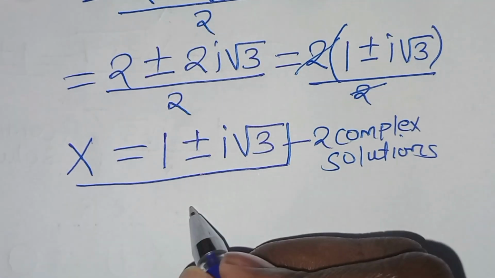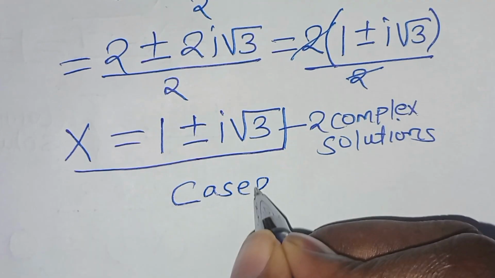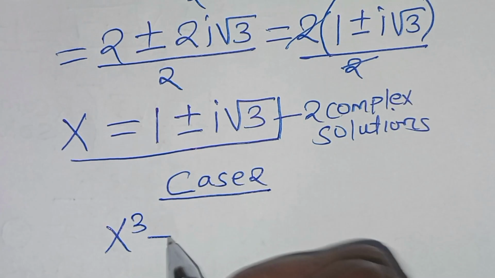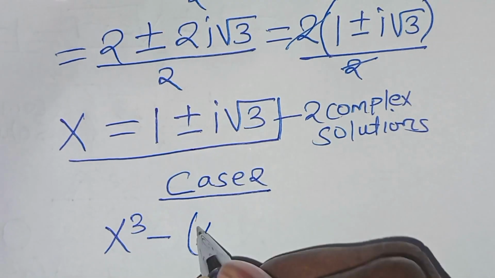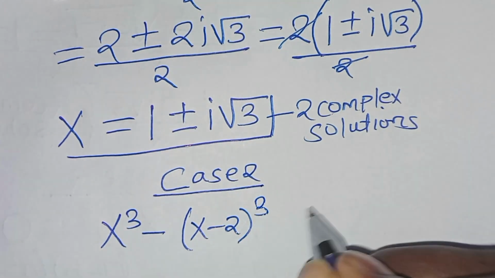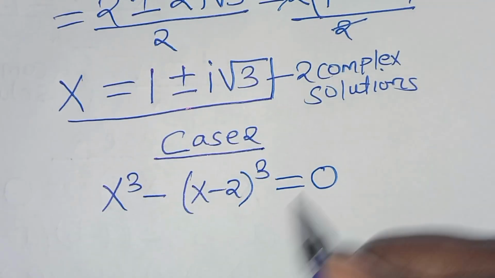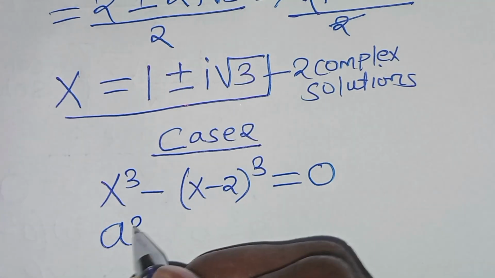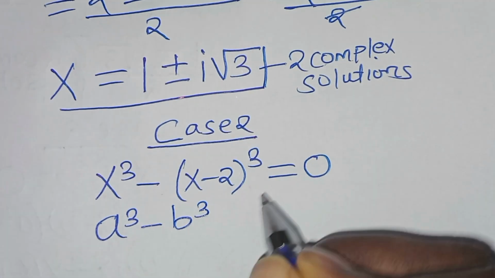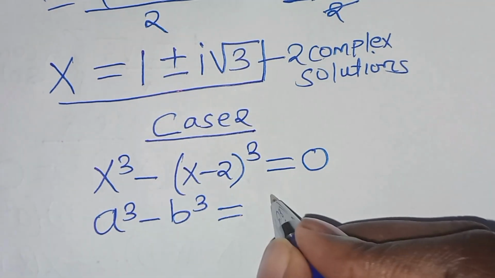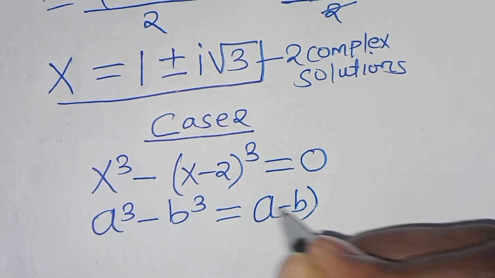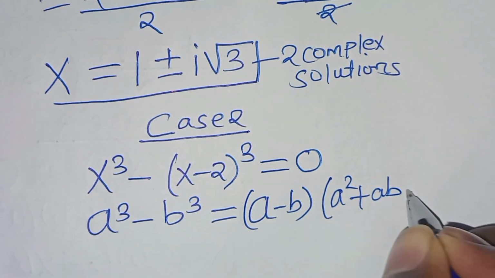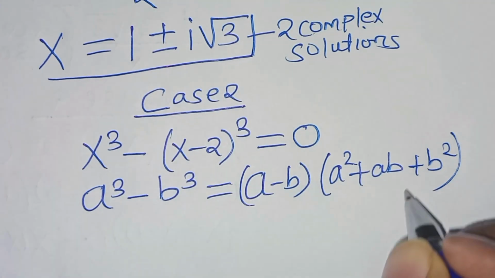Now let's proceed to case 2 from here. In case 2, we have x to the power 3 subtract x minus 2 raised to the power 3. This is equal to 0. Now this is the difference of two cubes expressed as a to the power 3 minus b to the power 3, which we can express as a minus b, then a squared plus ab plus b squared.